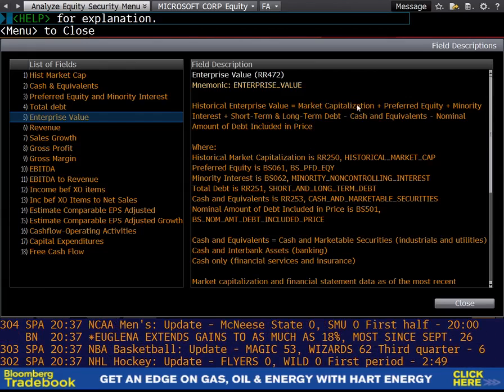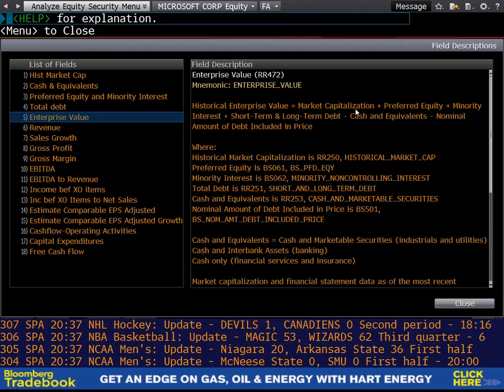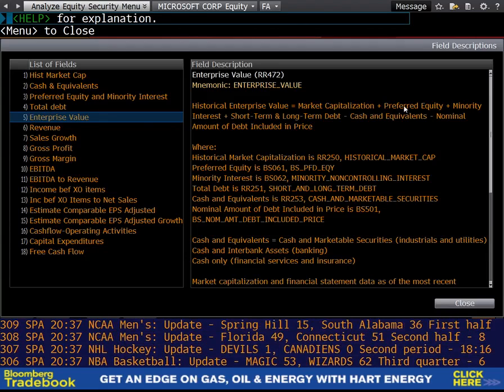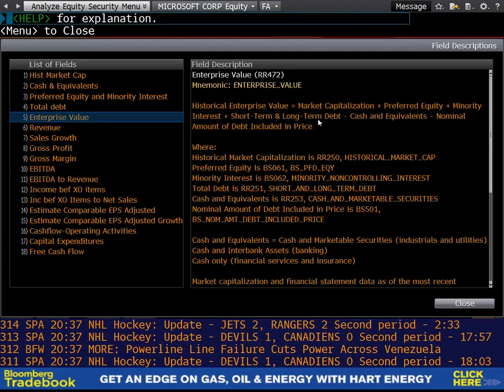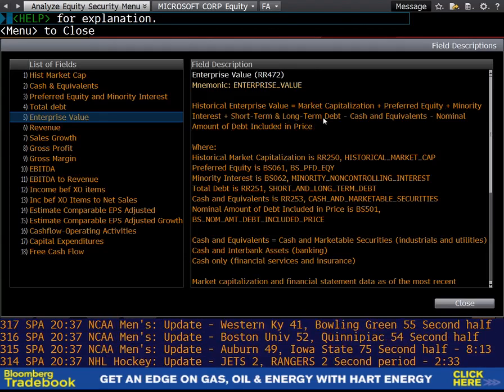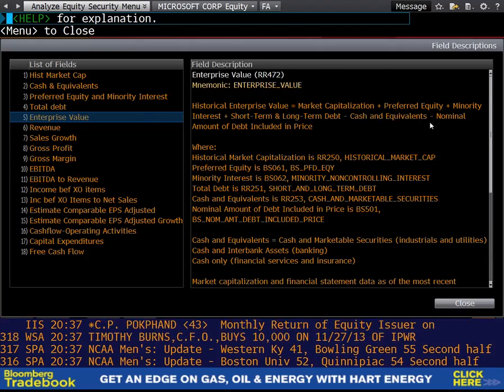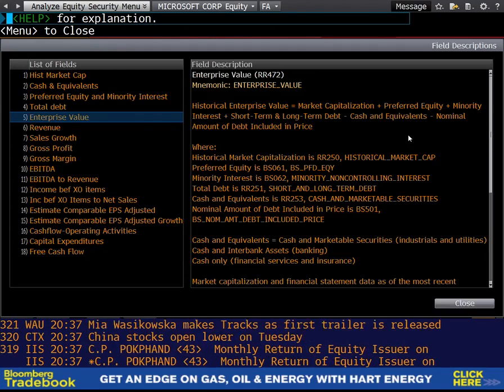It's the market cap of the equity, it's basically share price times shares outstanding, plus the preferred stock, plus the minority interest, plus the short-term debt and long-term debt, minus cash and cash equivalents. Okay? So what does this basically say?